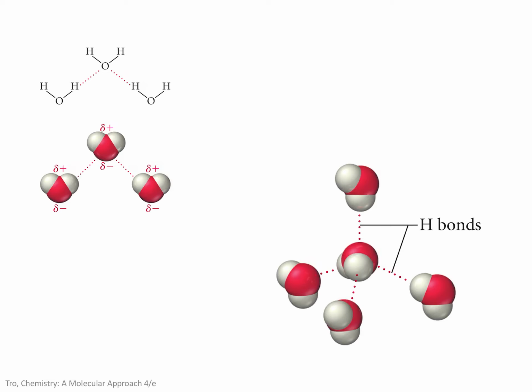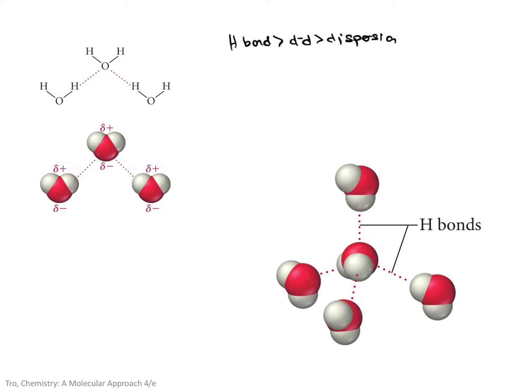Hydrogen bonds are the strongest of the three intermolecular forces so far. So we have hydrogen bond, dipole-dipole, then dispersion. But a hydrogen bond is limited to a hydrogen being attracted to the fluorine, nitrogen, or oxygen of another molecule, not within the same molecule.